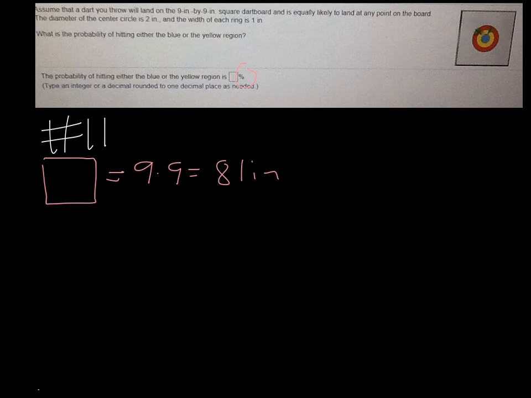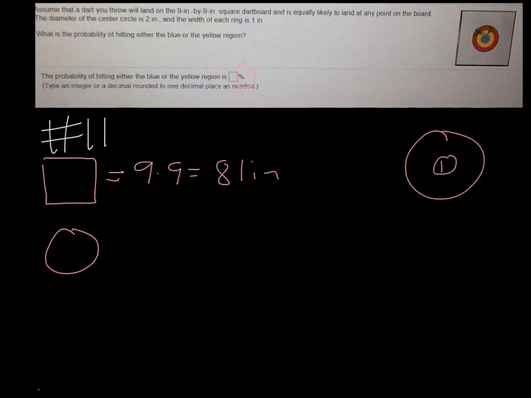It's asking to either land in the blue or this yellow. So really, I only have to find the area of the yellow. So if I find the area of this yellow portion, that has the blue inside of it. So area of the yellow, it says the diameter of the center is 2 inches. That means the radius, I'm going to actually just kind of draw this like here.